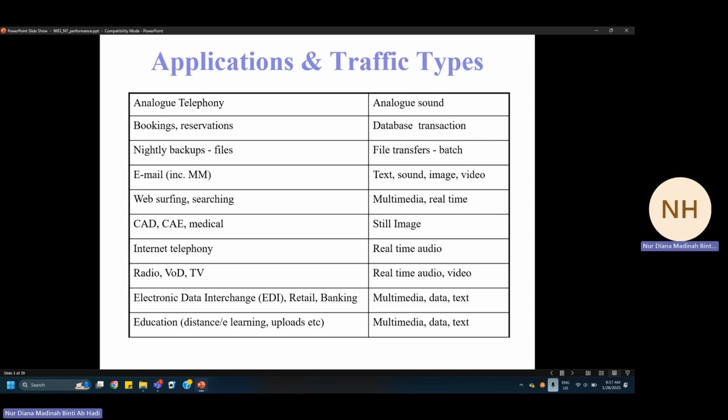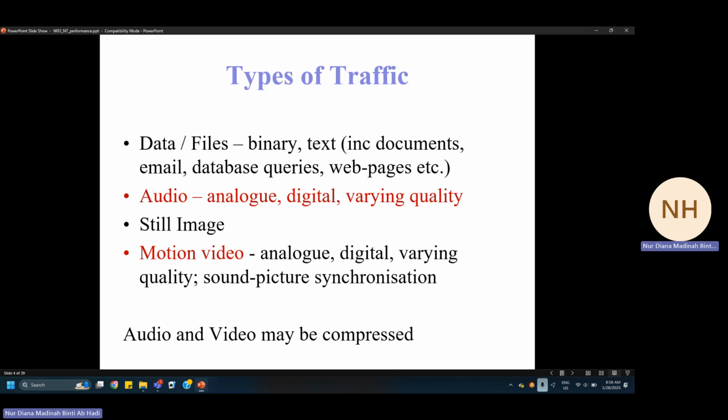EDI, retail banking, and education, either distance or e-learning, or uploading and downloading your files, are all considered as multimedia, data, and text. For types of traffic, as I just mentioned, we have data, files, audio, still image, and motion video. All of this is considered as a type of data.